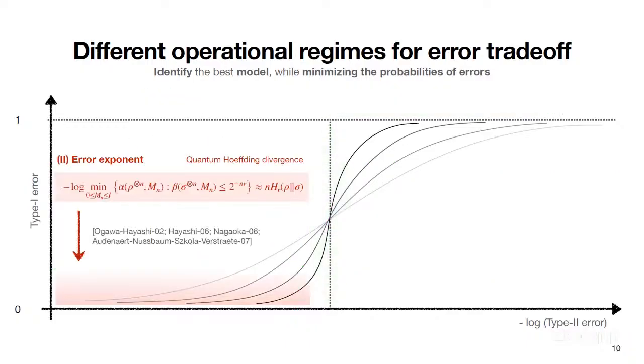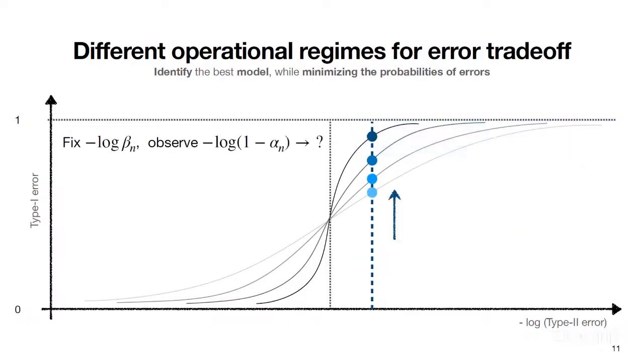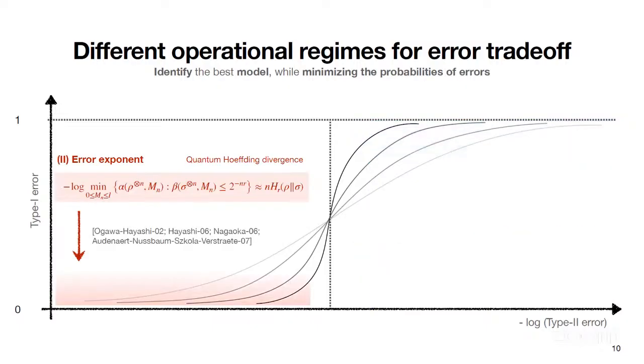Stein's lemma and anti-strong converse. So this one is not Nagaoka, Ogawa; it is Ogawa, Nagaoka. Ogawa was a PhD student at that time and Nagaoka was a supervisor. Okay, I will double check the reference. Thanks.